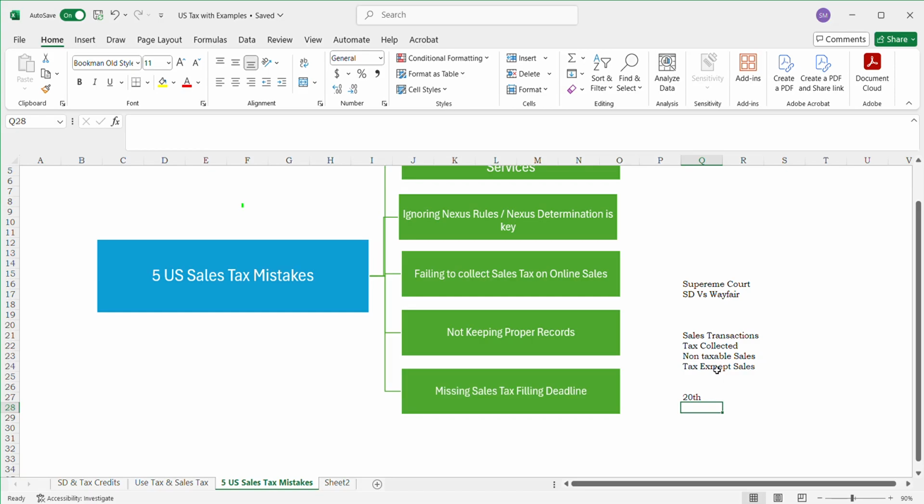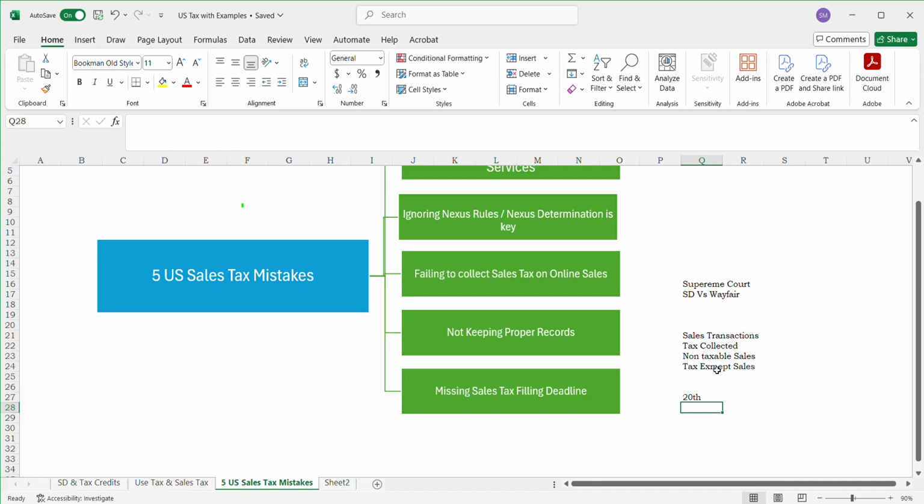Keeping a regular reminder of the filing deadline is very important, because if you miss the sales tax return, in future you will have to pay the penalty and the interest, and you will pay more money than you would have if you had paid it on time.